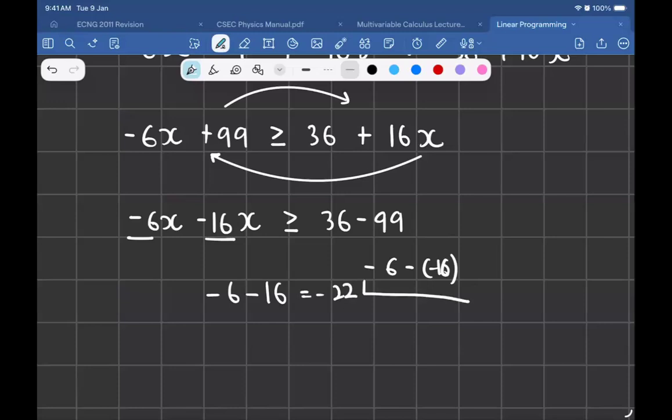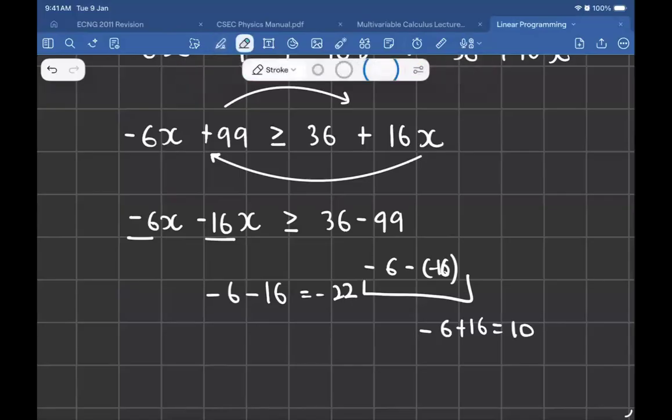If you put this into the calculator, or if you think about it like that, you're going to end up with minus 6 plus 16, which would give you the 10 that you're speaking of. But minus 6 minus 16 is minus 22. Make sure you're getting that. So I was doing it in my head, but I'll do it in the calculator and get minus 22.